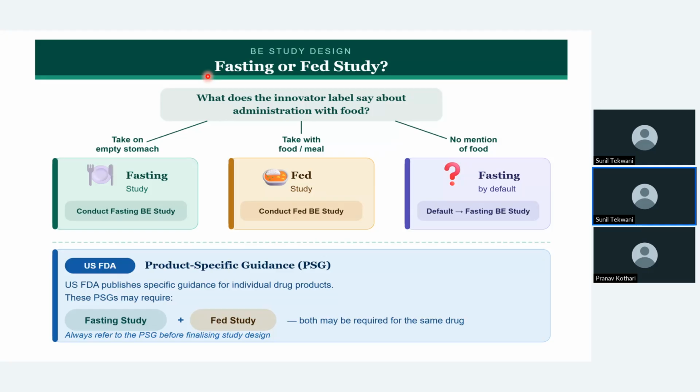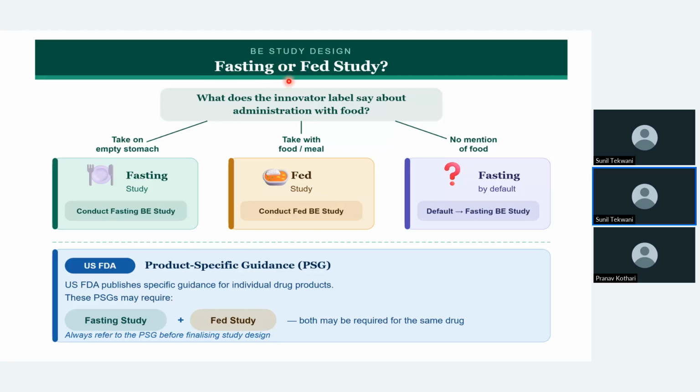They will only get water with the drug at 8 a.m., 240 ml. From last night 8 p.m. to morning 8 a.m., there is a gap of 12 hours. The guideline recommends they should be fasted for at least 10 hours. So even if they finish their dinner at 10 p.m., it will still fulfill the criteria. So at least 10 hours fasting is required in a fasting study.